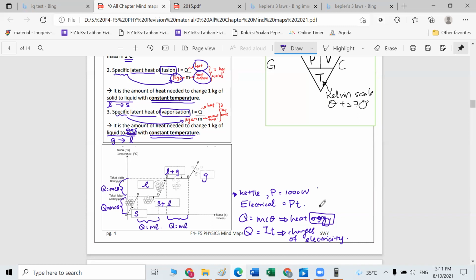So we can say Pt equals to Q, so Pt equals to mc theta.